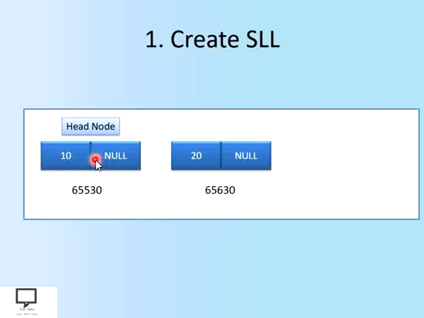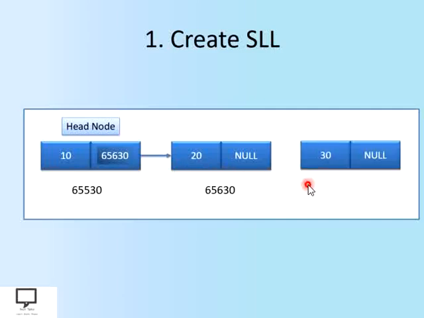Now as this is a linked data structure, a singly linked list, we are supposed to form a link between these two nodes. To form a link between these two nodes, you have to create a link by assigning the address of the second node in this next part. So now let's assign it, and here you can see that now a link is created between these two nodes.